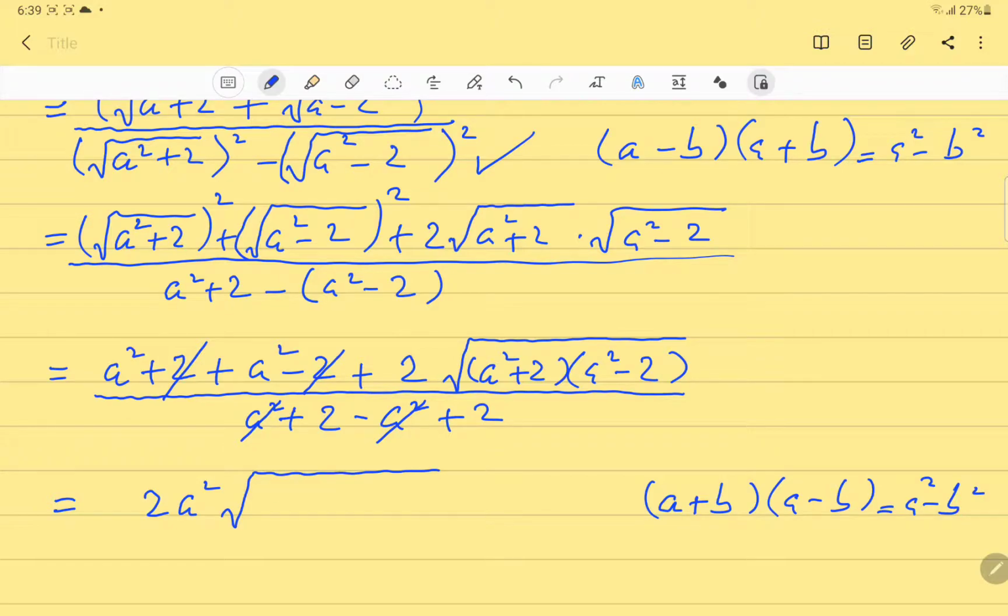So we will write here square of a square and square of 2, over 2 plus 2 is equal to 4.